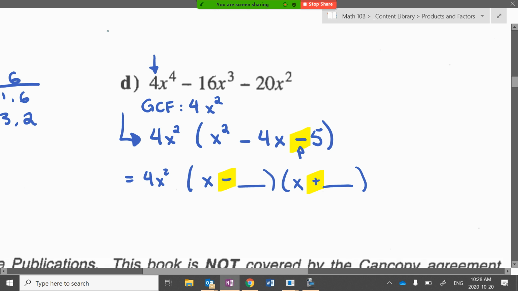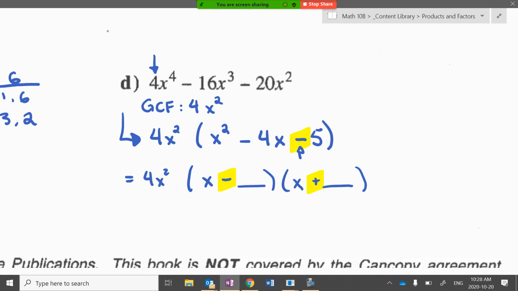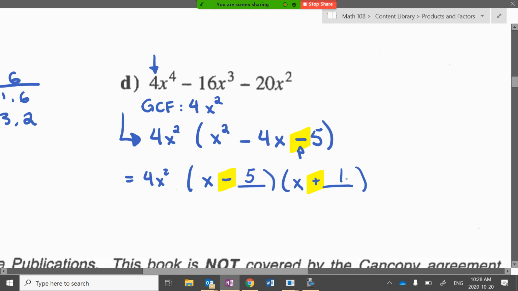Overall, I need a negative sum from adding my two, so my bigger number is going to be more negative. What are the only factors of 5? 1 and 5, so it's going to be a -5 and a +1. -5 plus 1 gives us -4. -5 times 1 gives us -5.